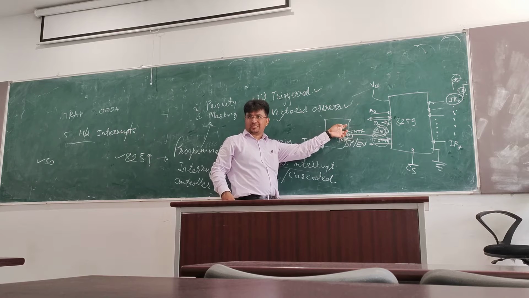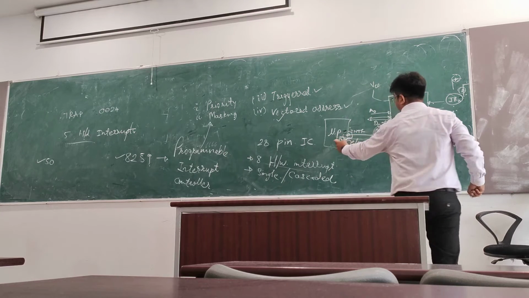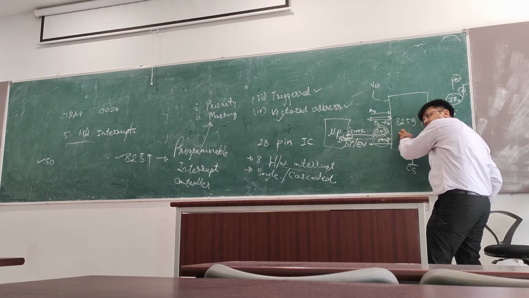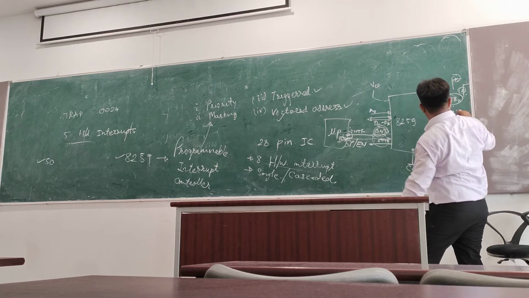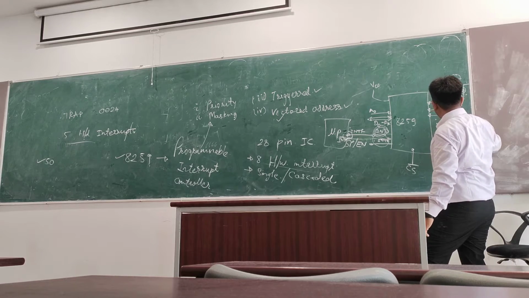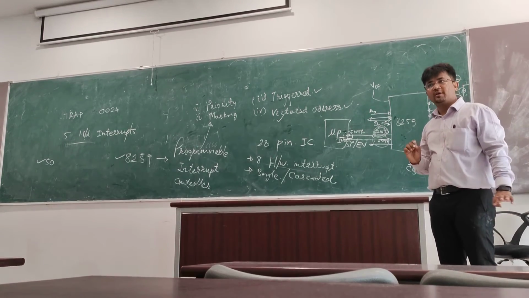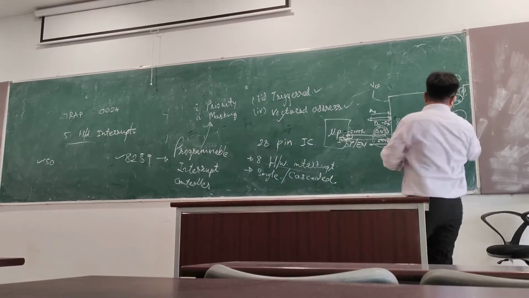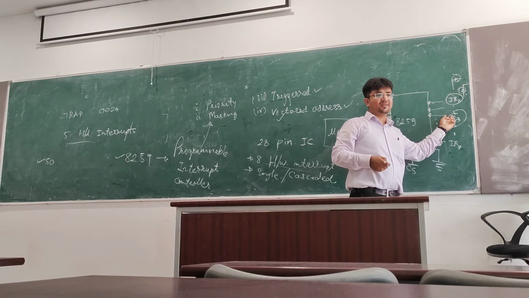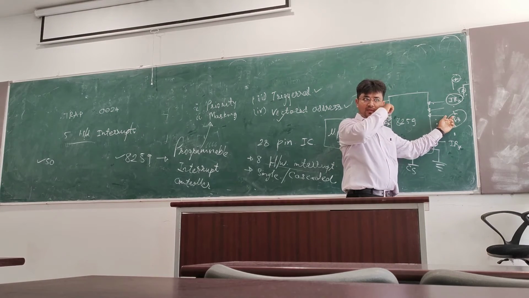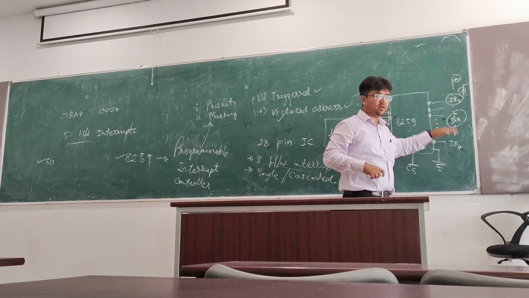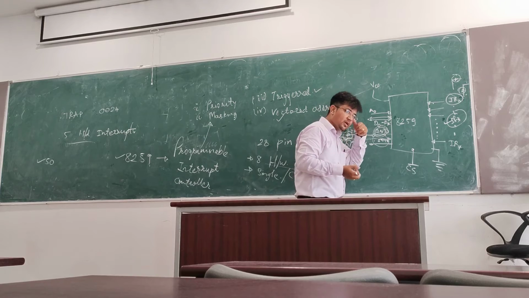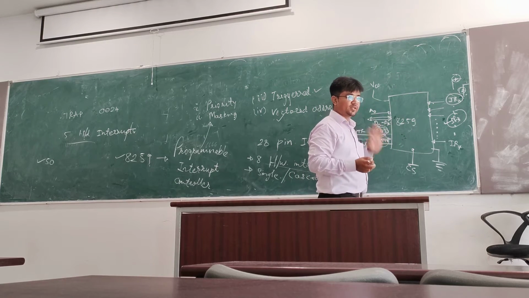Once the interrupt request is received, it will give an acknowledgement, which is the interrupt acknowledgement. Once the acknowledgement is provided, the ISR belonging to IR3 will be executed. Is it okay? Why will IR3's ISR be executed? Because IR3 is provided.